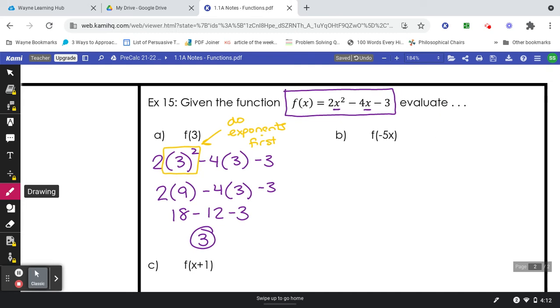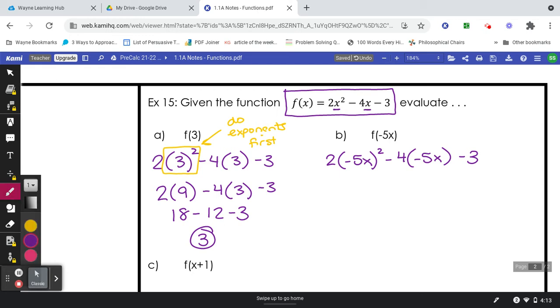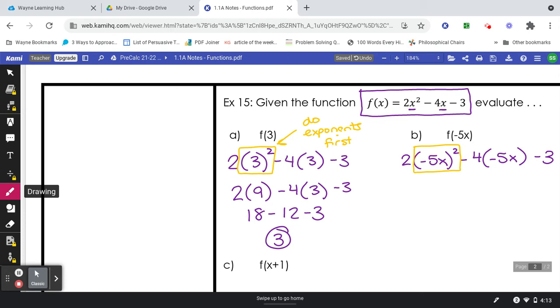All right, part B, asking us to plug in a -5x for our x's. Looks something like that. And then as we do this part right here, oftentimes I find it helpful to kind of bring that to the side.